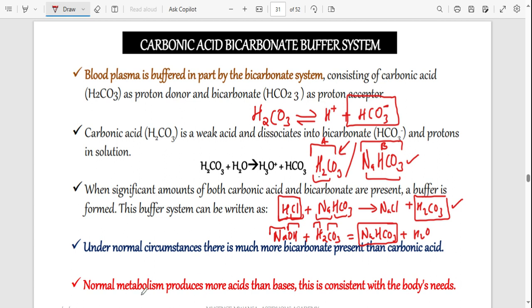Normally in the body, metabolism will produce acid. So because metabolism produces acid, it means that you're supposed to have more of the bicarbonate. And this bicarbonate can be produced. Remember carbonic anhydrase. When you have a lot of carbon dioxide in the body, it can react with water, and that produces bicarbonate. And then this bicarbonate can break also into hydrogen ions and carbonic acid.